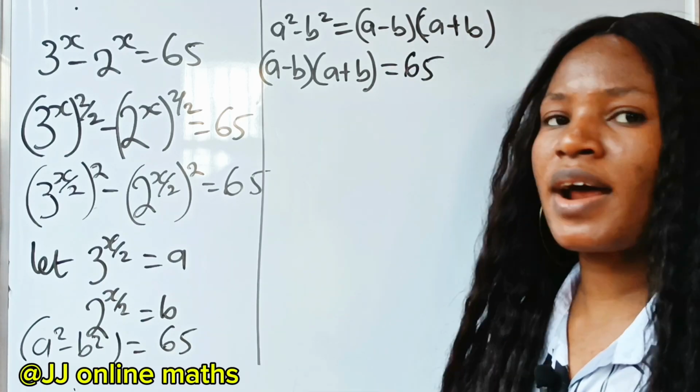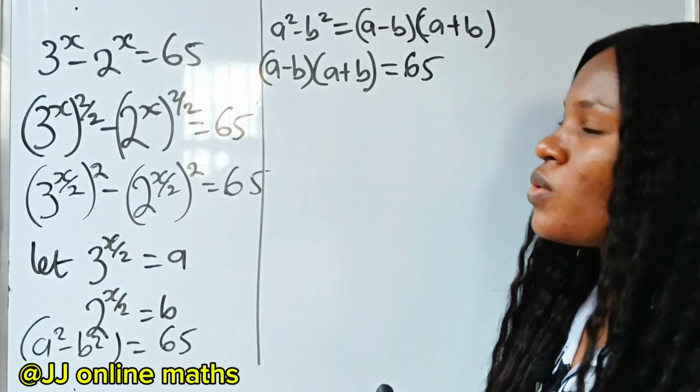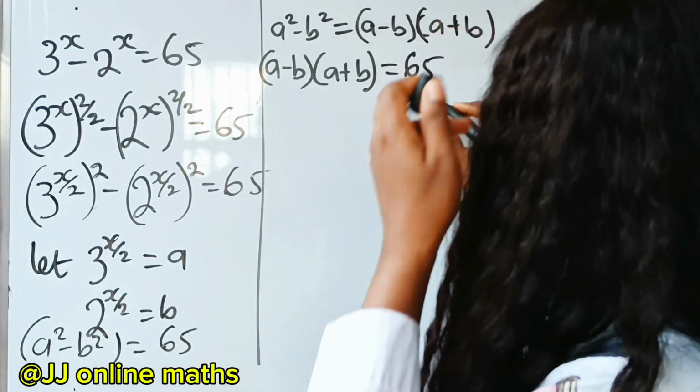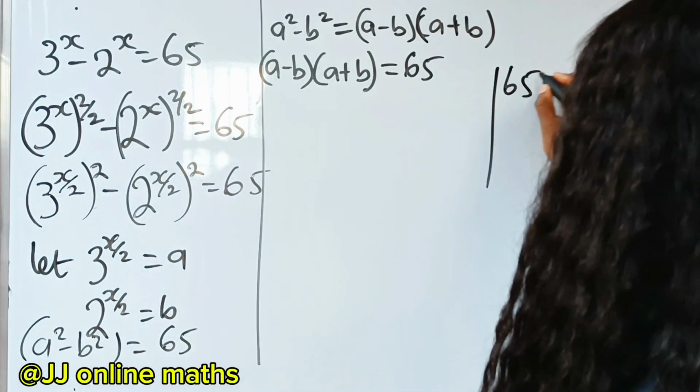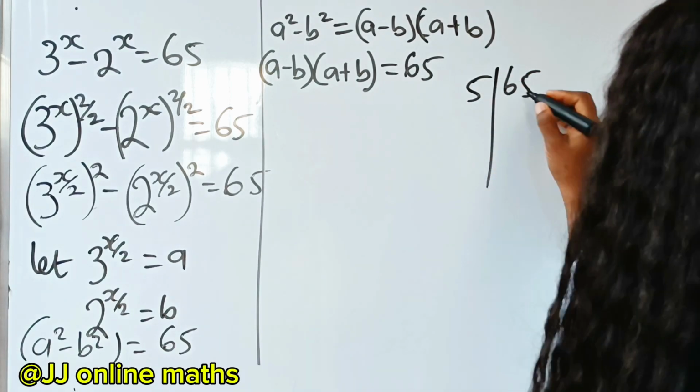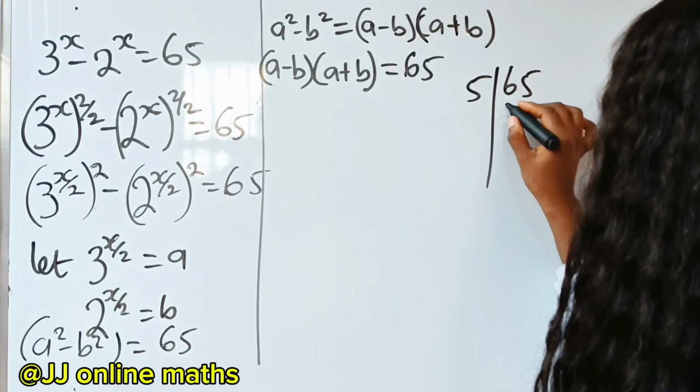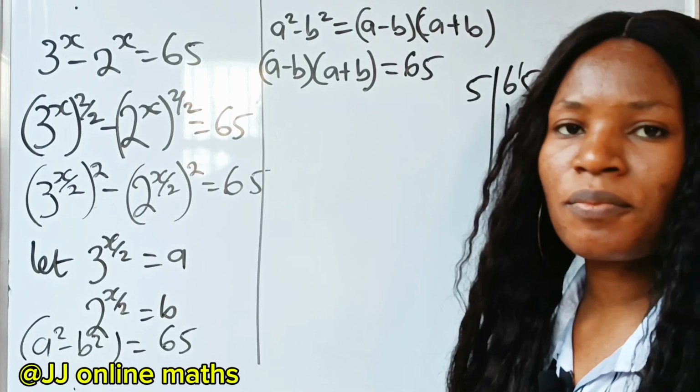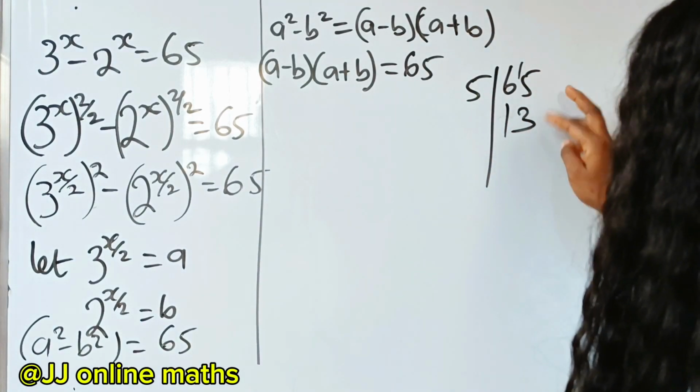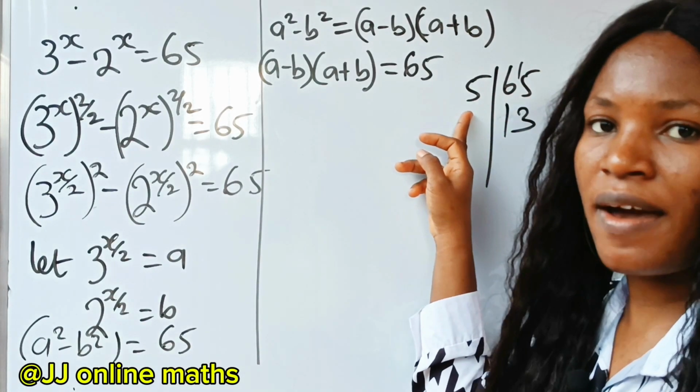Now we are going to factorize 65. When 65 is divided by 5, we have 13. That means we can rewrite 65 as 13 times 5.